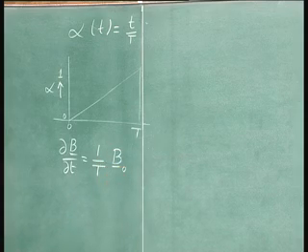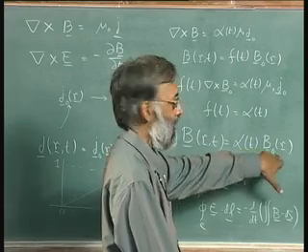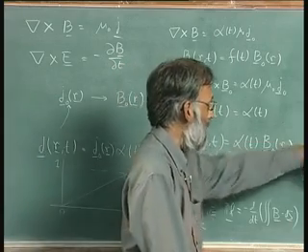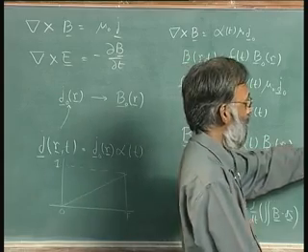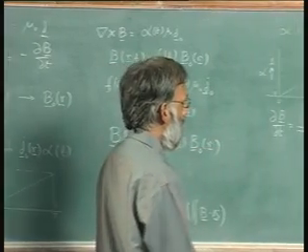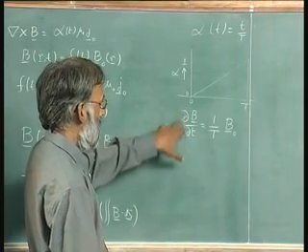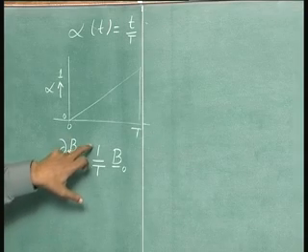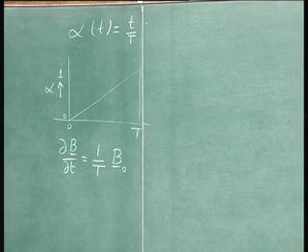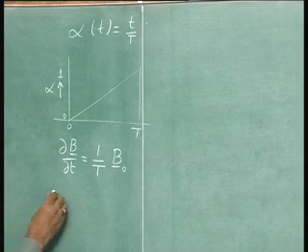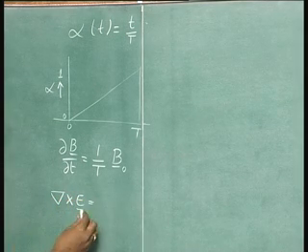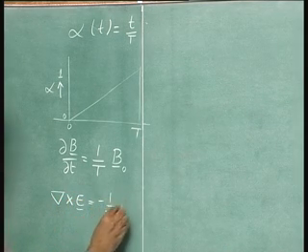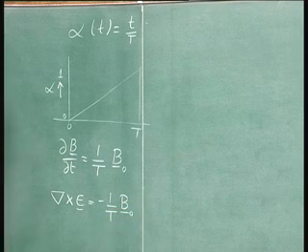Because we already have that B is alpha of t B naught of r, and if I take the time derivative, it can act only on alpha. So, the partial derivative of B with respect to t is 1 over capital T B naught. So, my Faraday's law says curl of E is equal to minus 1 over capital T B naught.